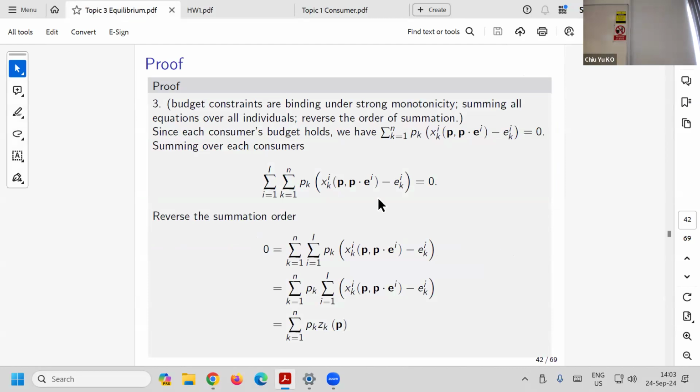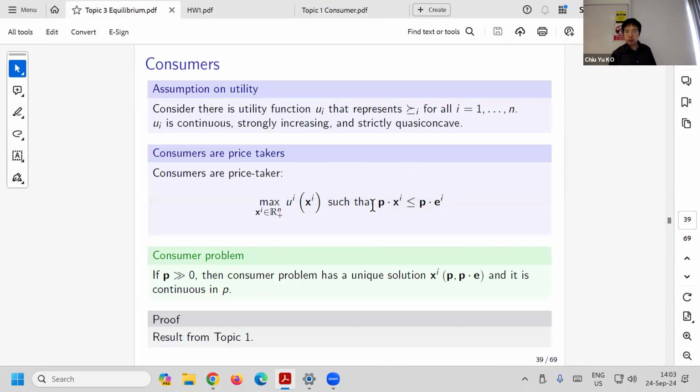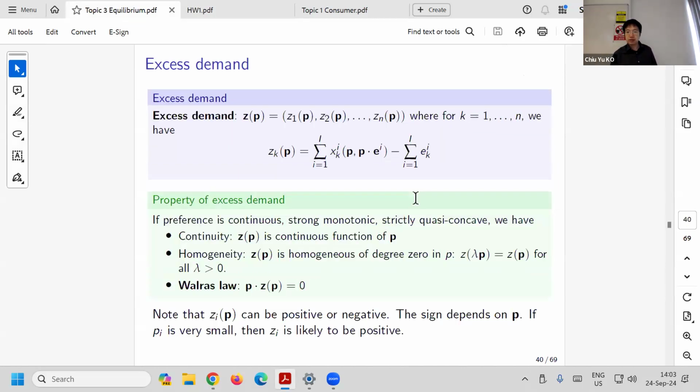So first is budget binding, which means that for every individual I look at, his budget constraint is binding. Okay? Because the budget constraint is this guy. So it just must be binding.